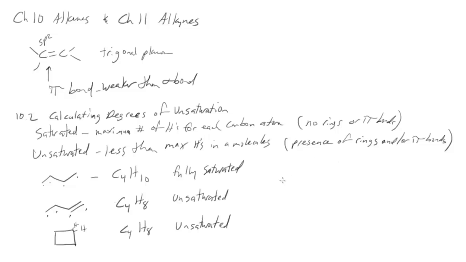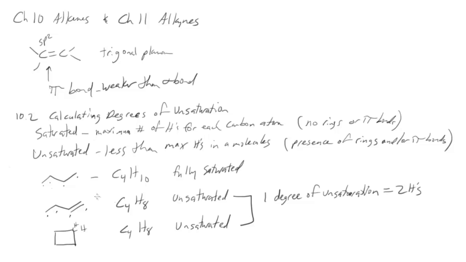So what we say for each of these 2 molecules is each of these molecules has 1 degree of unsaturation. And that 1 degree of unsaturation is going to be equal to 2 hydrogens. Because it's got 1 element, 1 pi bond, 1 ring. So that's 1 degree of unsaturation.